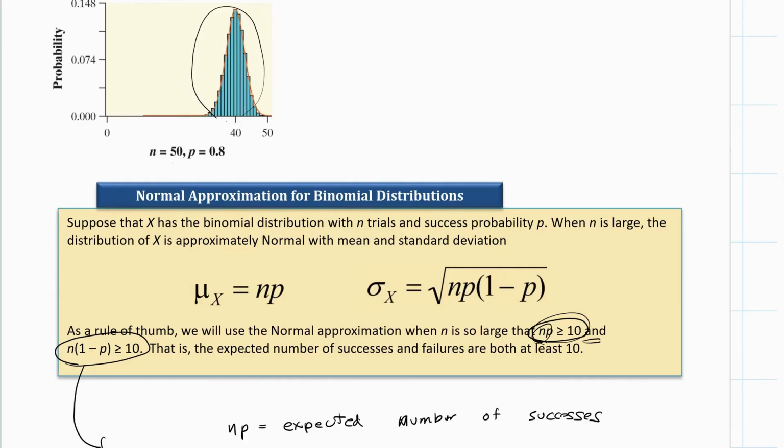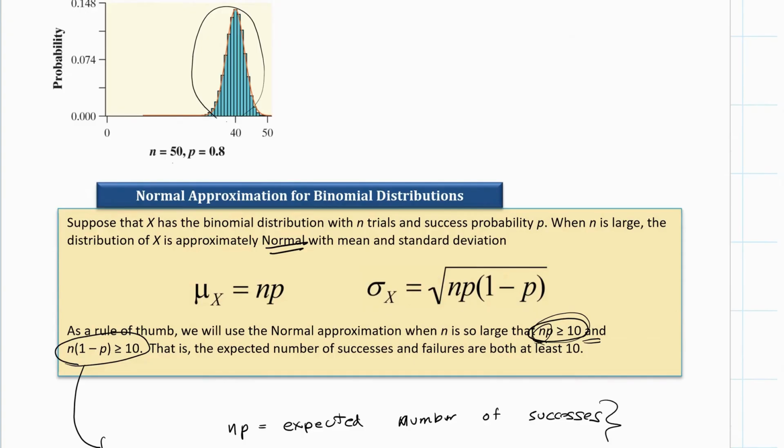So as long as we expect 10 successes and 10 failures, then it is okay to think that the normal distribution is a reasonable estimate. The binomial distribution could be reasonably estimated by using the normal distribution, right?